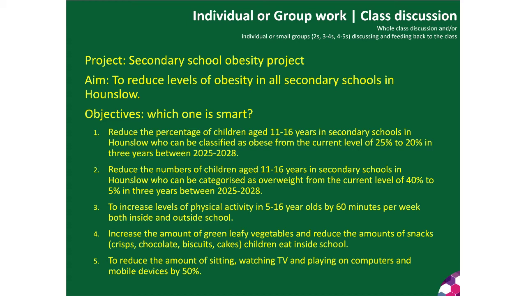Our fourth objective could be to increase the amount of green leafy vegetables and reduce the amounts of snacks, crisps, chocolates, biscuits and cakes children eat inside school. And our fifth objective could be to reduce the amount of sitting, watching TV and playing on computers and mobile devices by 50%.